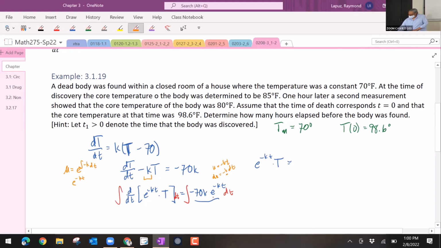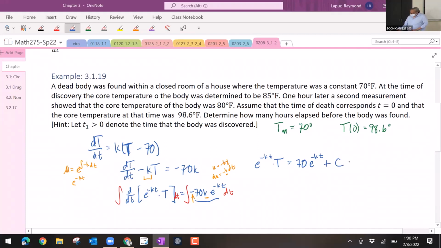So there's a negative k and a k here and a negative sign that would cancel. And so we just have 70 e to the u, and the antiderivative of that is e to the negative kt. And we throw the plus C in here now because we have taken the integral.